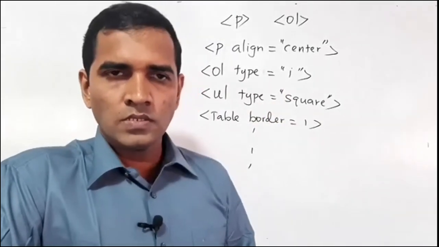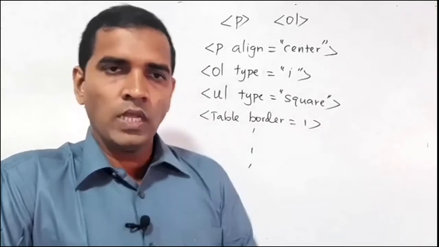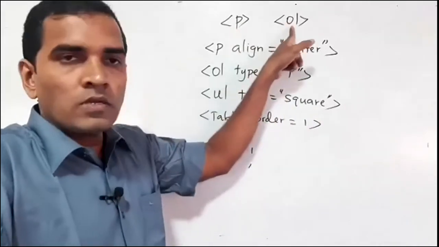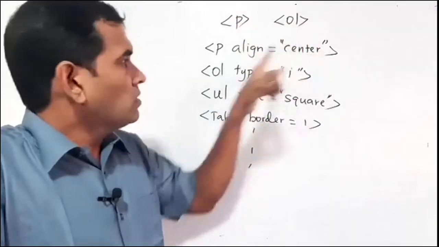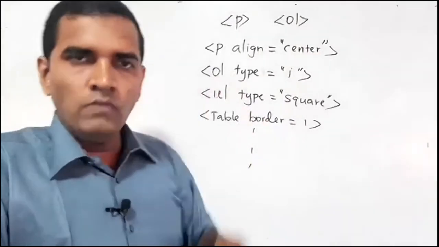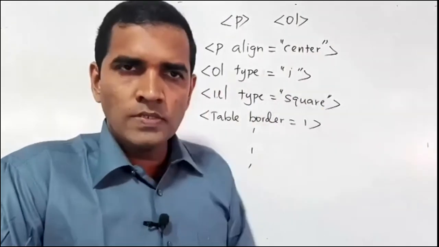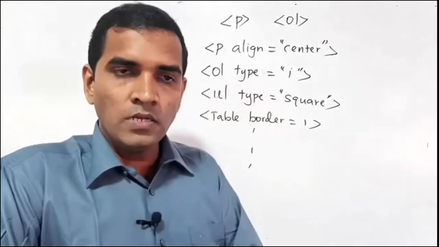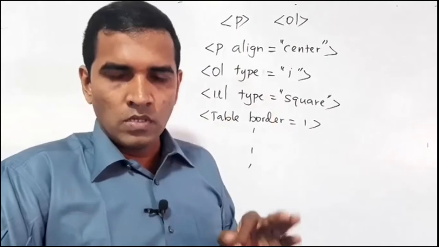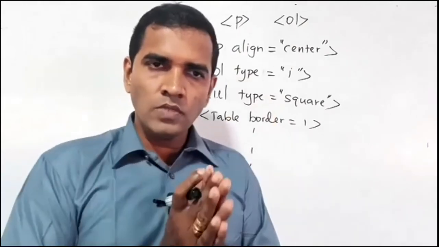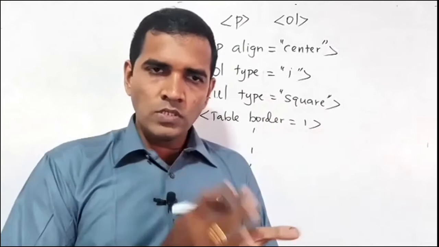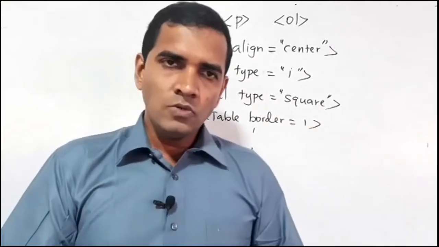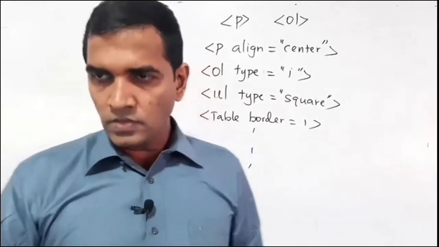In some instances, elements do not work without attributes. Here the elements OL, P, table, UL all work without attributes. But in only a few instances, things are different: maybe one attribute is very important. So it is a very important thing in HTML. Attributes are always optional, but in some instances, attributes are a must. So this is one of the instances. Look here.